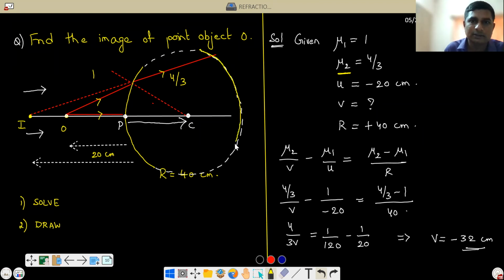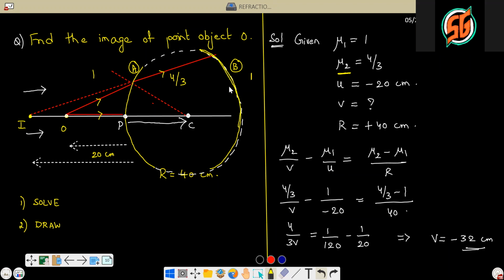Tell me. Suppose this one more surface is there, which is separating another medium. Correct or not? Now this surface, let's say, is surface A. This is surface B. Now this surface B is separating 4/3 water and air. So this ray, which was a refracted ray for the first surface, becomes what? Incident ray, correct.